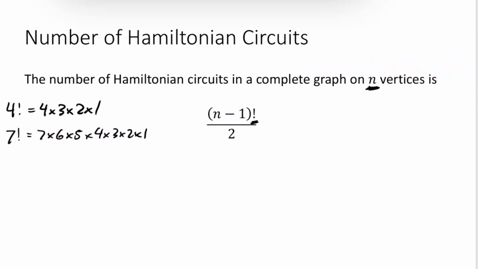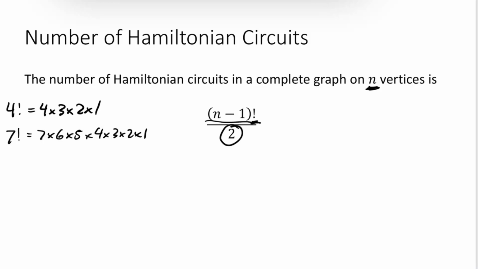So if you were trying to find the number of Hamiltonian circuits in a complete graph on 25 vertices, you would do 24 times 23 times 22 times, all the way down to 1. So that's the factorial piece, which is basically counting the number of branches in your choice tree. And then the dividing by 2 part is because your choice tree will double count your circuits, because it will count it going one direction and then it will also count it going backwards.